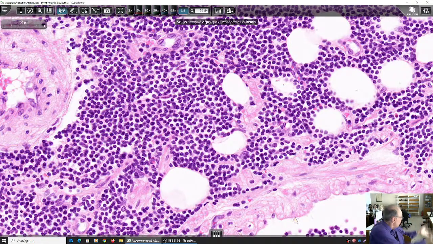So, if it is of clonal nature, and you do immunohistochemistry for the light chains, kappa and lambda, one type of light chain will clearly predominate over the other. Whereas if it is of polyclonal derivation, you'll have both kappa light chains and lambda light chains. So this light chain restriction is compatible with clonality, with lymphoma.